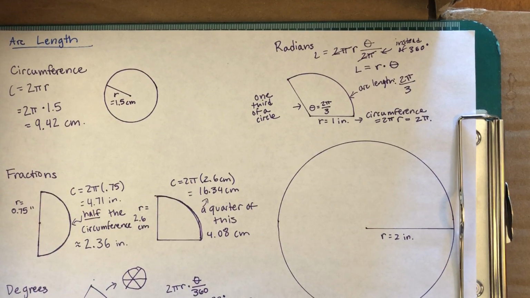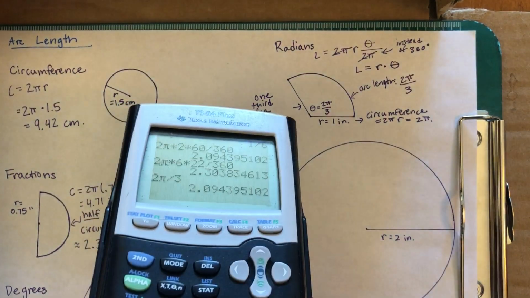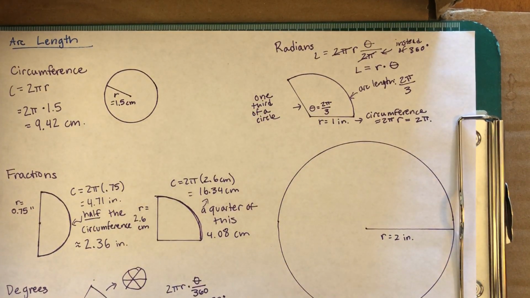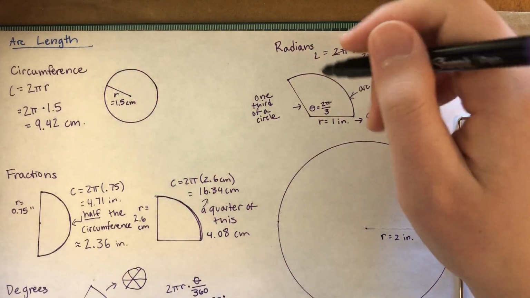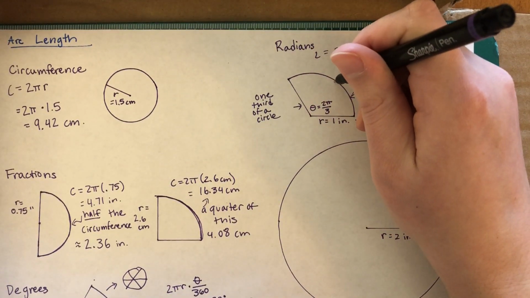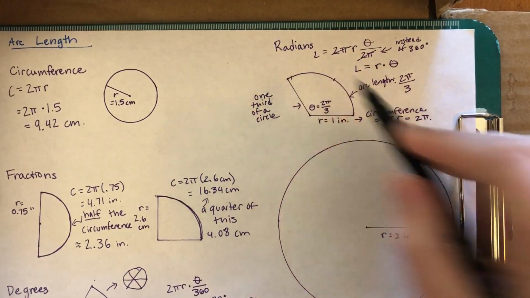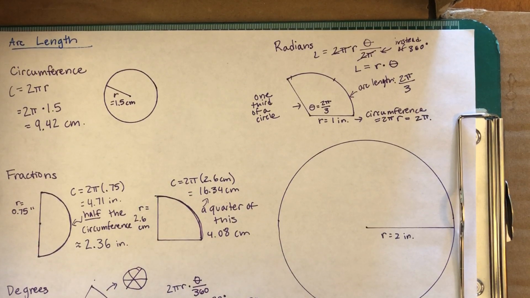The radius is 1 inch. 2 pi over 3 has a decimal value of about 2.09, which means I could take this radius and I could mark off 1 inch along the circle, 2 inches along the circle, and I would have a little bit extra. In 1/3 of the circle, I can fit about 2 times the length of the radius.